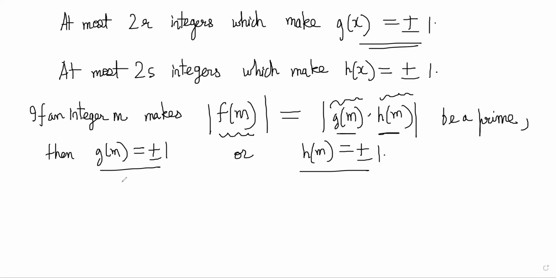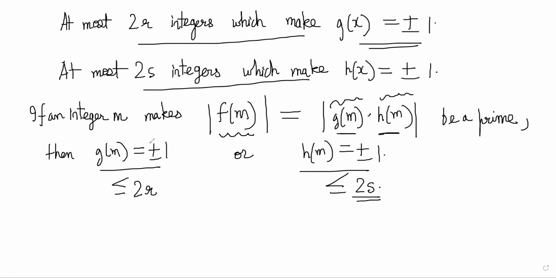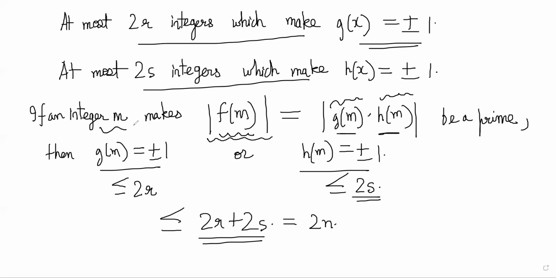So here the number of cases is less than or equal to 2r, and here the number of cases is less than or equal to 2s, right? We have just now seen that. So the total number of ways in which this can be a prime is less than or equal to 2r plus 2s in the absolute maximum number of cases, right? So that is equal to 2n. So the number of integers m such that the absolute value of f of m is a prime is less than or equal to 2n.